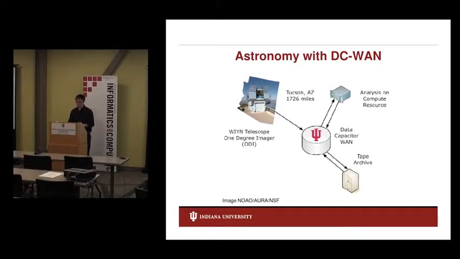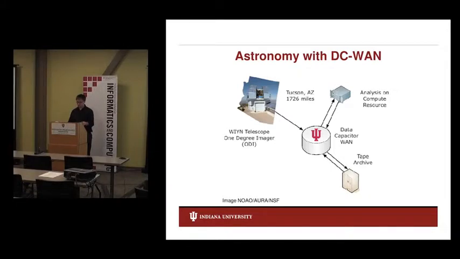And they have a special instrument called the 1 degree imager, which takes gigapixel images of the sky. And it's in a very remote location. So there's limited power, limited space. They just don't have enough power and space to run their own cluster there. They have a small compute facility on site, but it doesn't make sense for them to be running their analysis there because of the constraints.